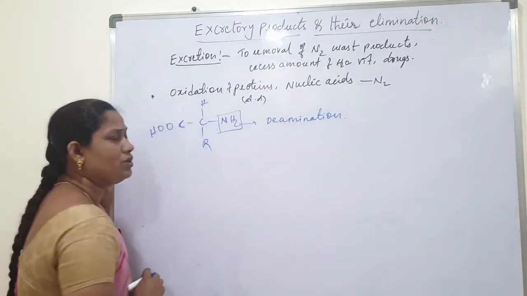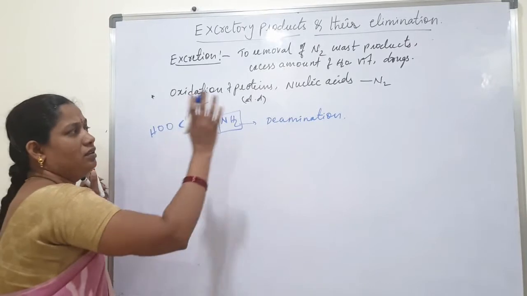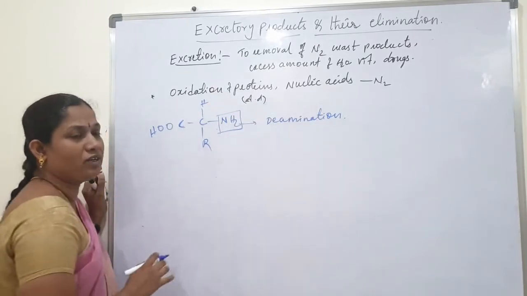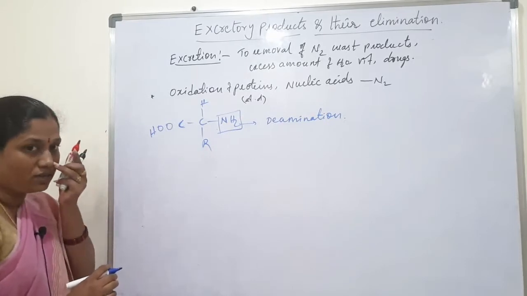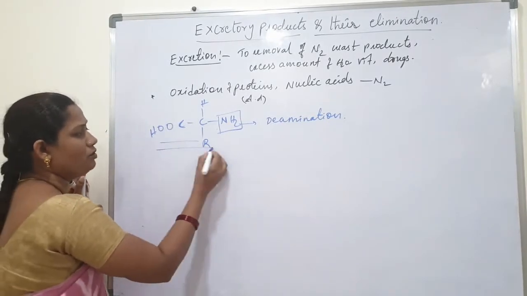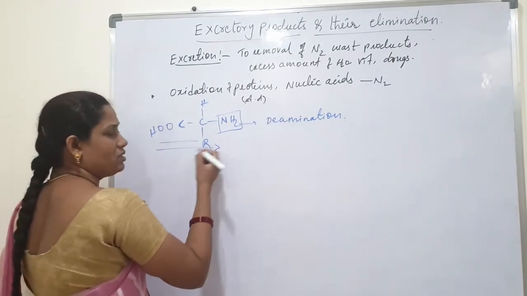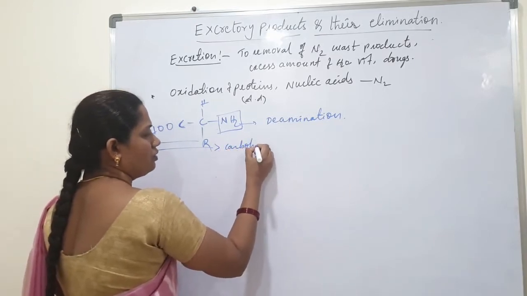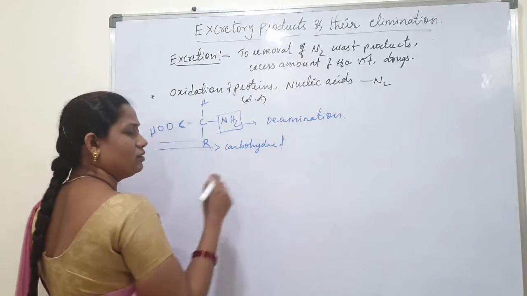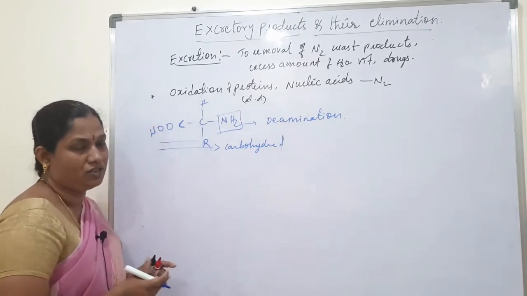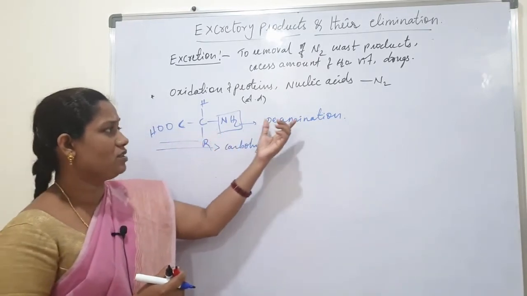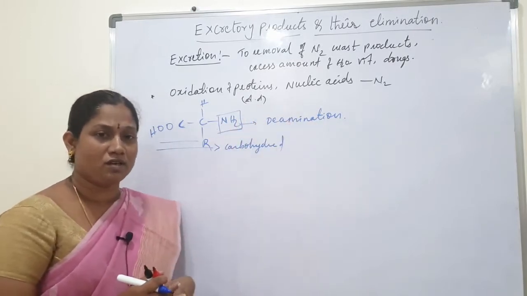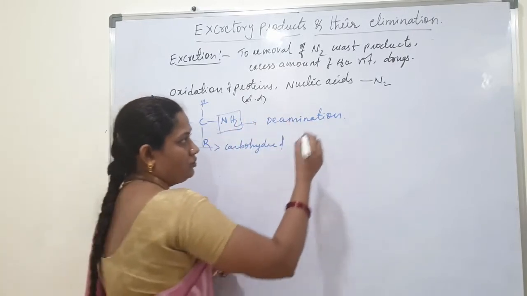During the deamination process, the nitrogenous waste product is separated from the amino acid. The remaining compound is transferred into carbohydrate, and after that it produces energy. So during this deamination process, the nitrogenous waste products are released in our body.